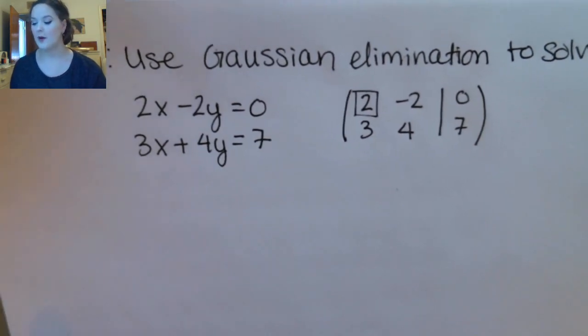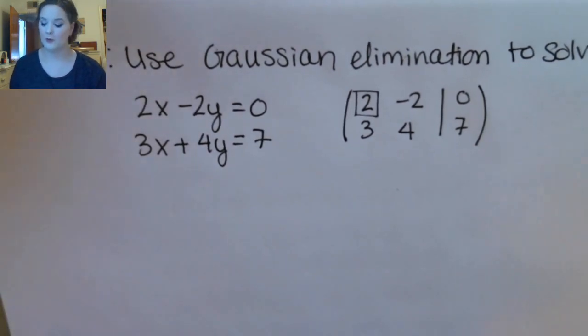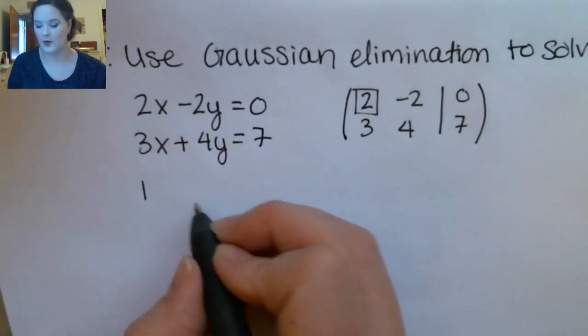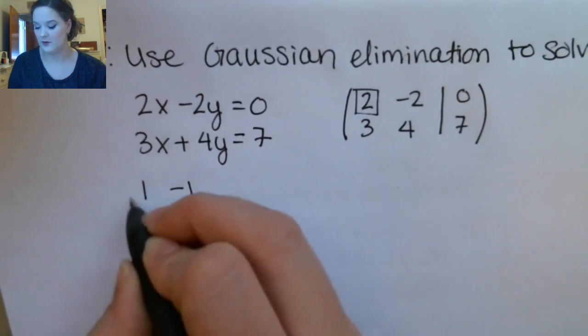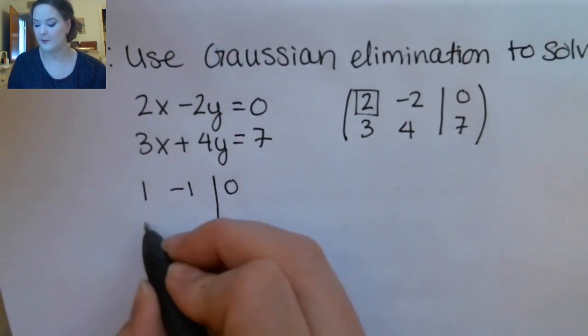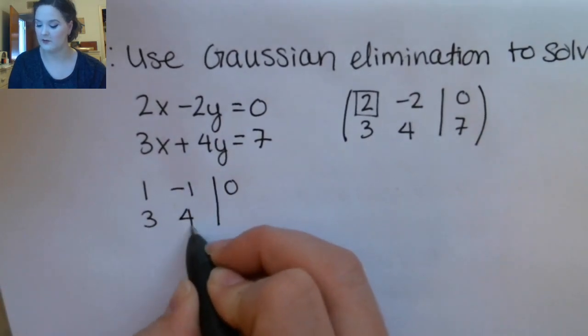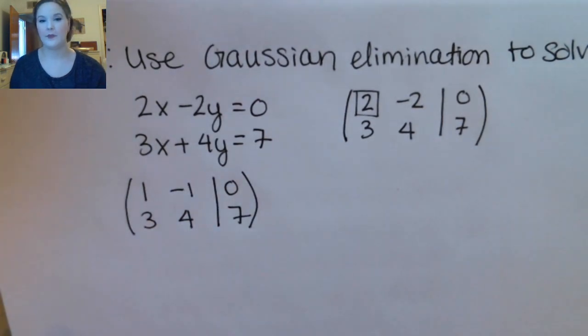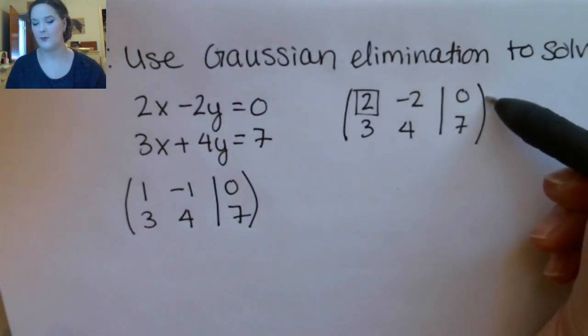So I'm going to divide my entire top row by 2 to make a 1. So 0 divided by 2 is still 0, and I'm going to do nothing to the second row. So I just took the top row and I divided it by 2.